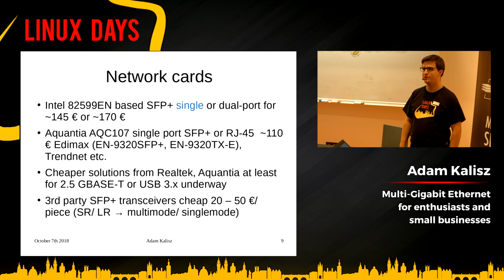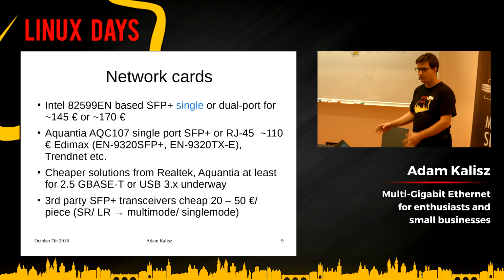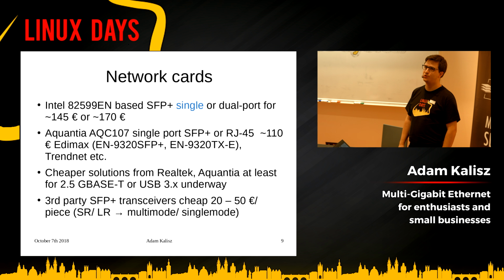And I have read news last week that Realtek has some cheaper NICs for usual workstations or something that will do just 2.5 gigabit Ethernet or lower, obviously. But those should be dirt cheap, and if it comes on the market, then it should be pretty much in every laptop, in every computer.